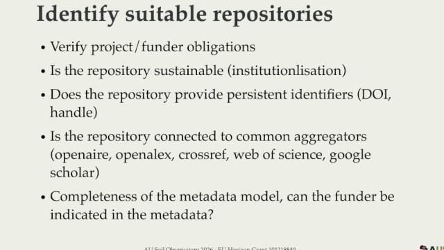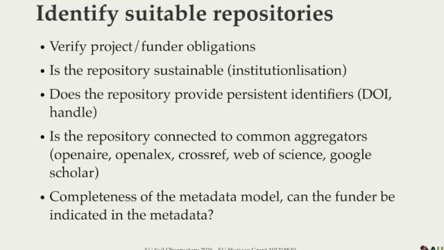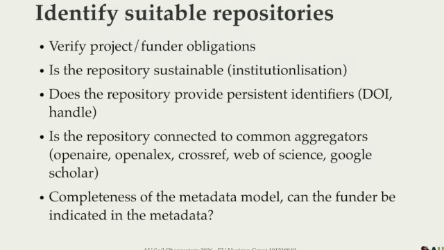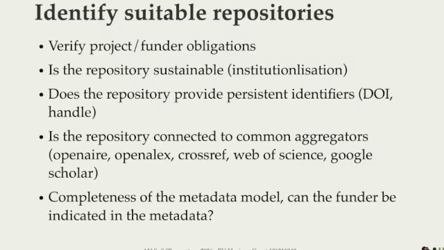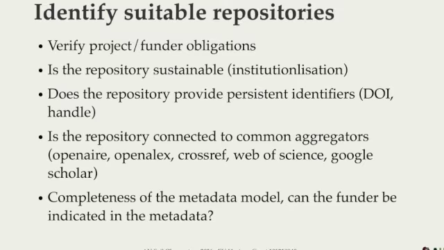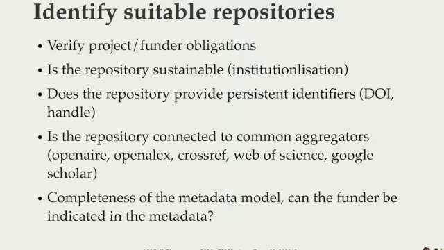The third point is, does the repository provide persistent identifiers? Let's dive a bit into what persistent identifiers are after this slide. And the fourth aspect: is the repository connected to the common aggregators? It links back to our previous question.